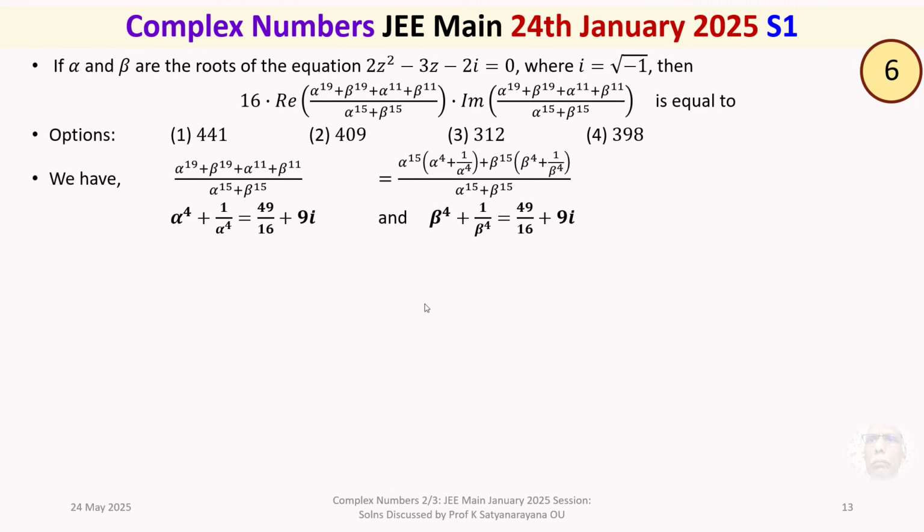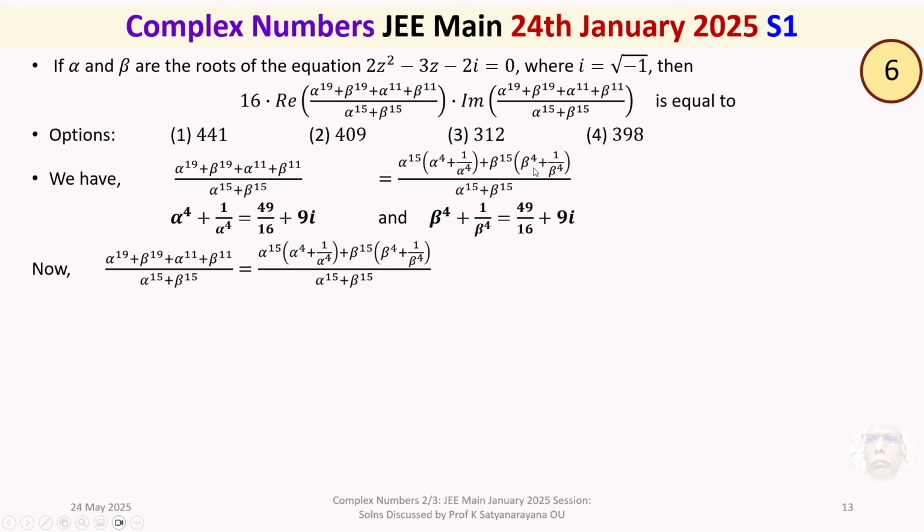Right, that's what we have. Now alpha to the power of 19 plus this one I have written. This is what I have written. Now in this, alpha to the power of 4 plus 1 by alpha to the power of 4 and beta to the power of 4 plus 1 by beta to the power of 4, they are equal.